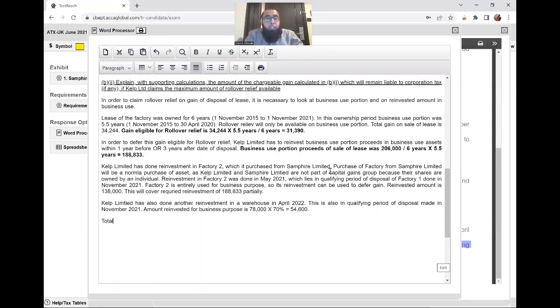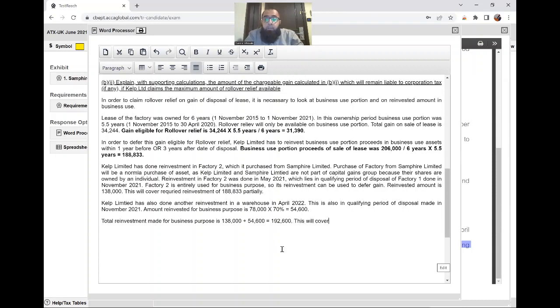Okay. Total reinvestment made for business purpose is how much? One amount is 138,000 and the other one is 54,600. In Factory 2, we reinvested 138,000 and here we reinvested 54,600. Total is 192,600.